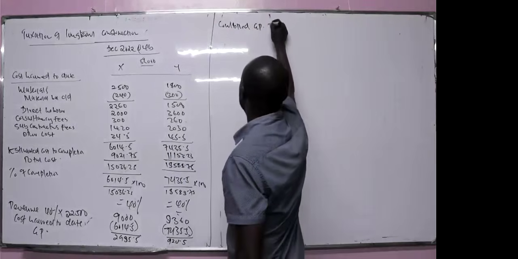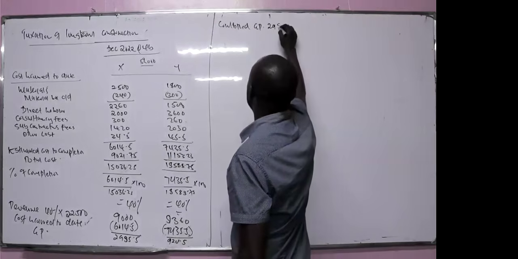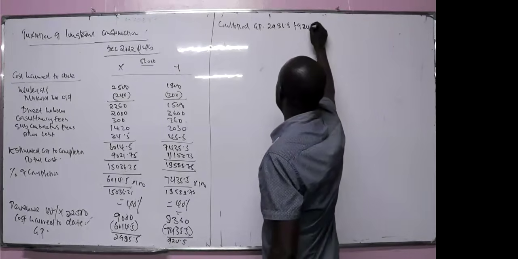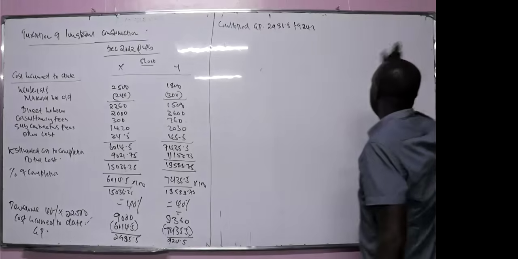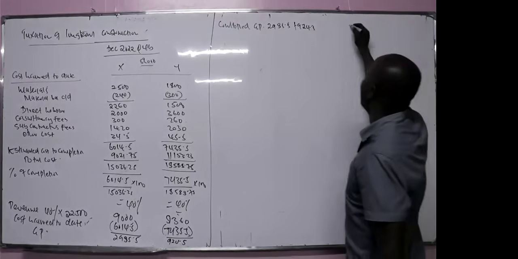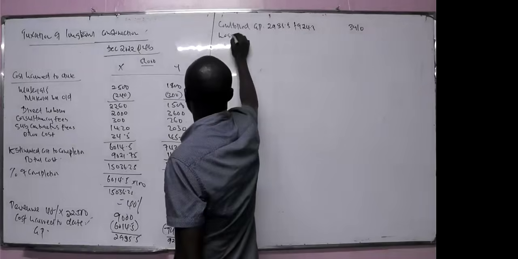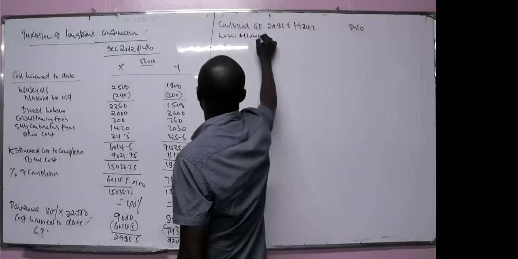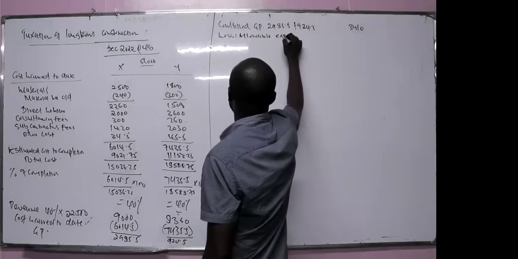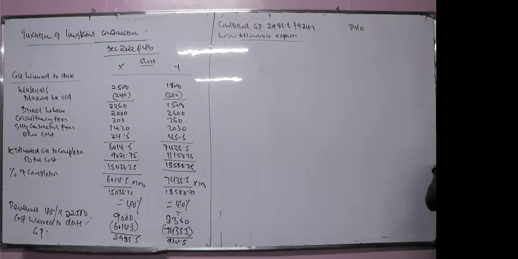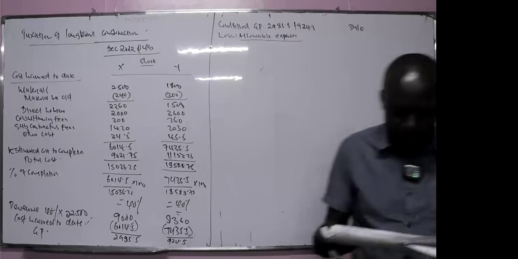So this one is going to be 85.5 plus 924.5, which is 3910. Then now we less allowable expenses. They have not given a way to apportion the expenses. So we're going to combine the gross profit and then we deduct expenses cumulatively, isn't it?